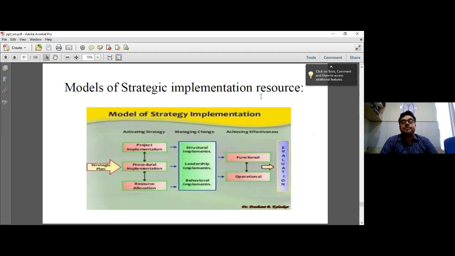The model of strategy implementation, it's a basic generic model, project implementation, procedural implementation, and ultimately resource allocation.